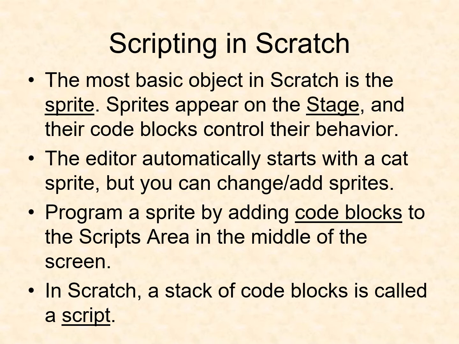The editor automatically starts you with a sprite that's a cat, but you can change that sprite, you can add other sprites. And there are a whole host of a variety of sprites available. We program or code a sprite by adding code blocks in the scripting area, which is in the middle of the screen. In Scratch, a stack of code blocks is known as a script.